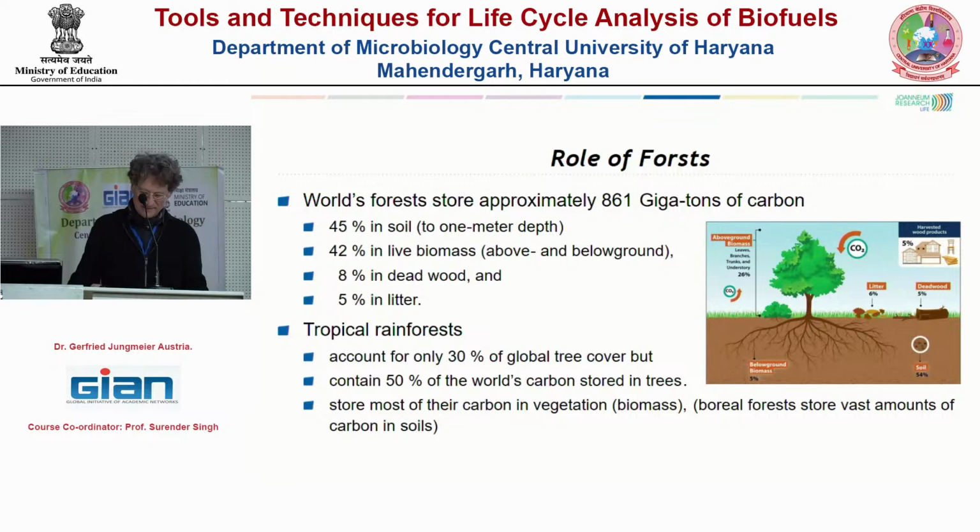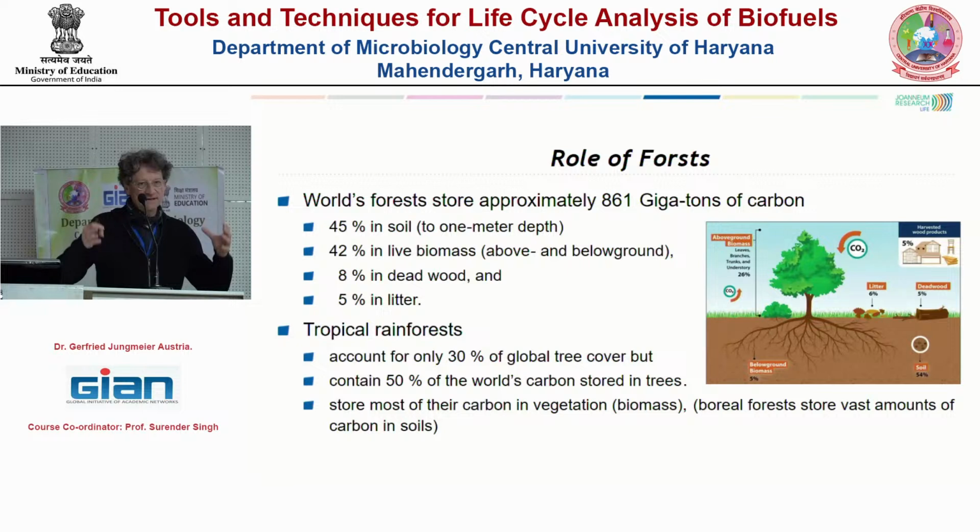Today I want to start by highlighting land use and the carbon stock stored on land. And globally, the forests, there's a typing error in the heading that always happens, the role of forest, because globally forests are decreasing for several reasons, but the forests themselves are really a big storage of carbon.